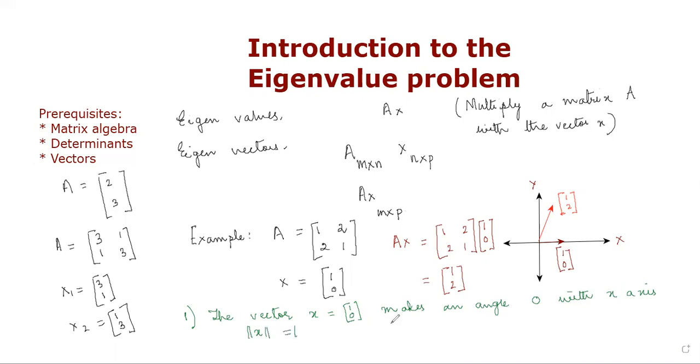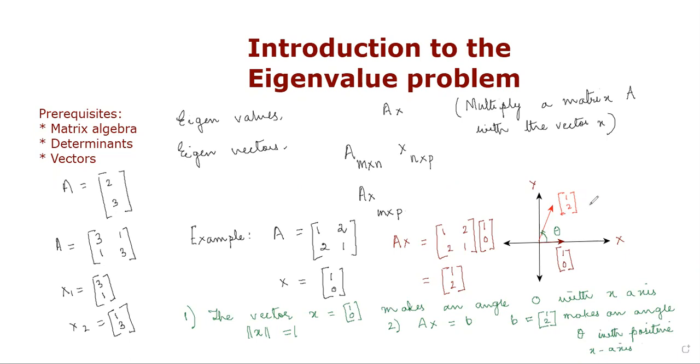Second, let us call Ax some vector b. The vector b, which is equal to 1, 2, makes an angle, let us call it theta, with the positive x-axis.